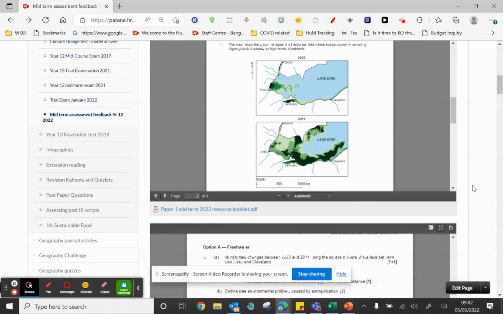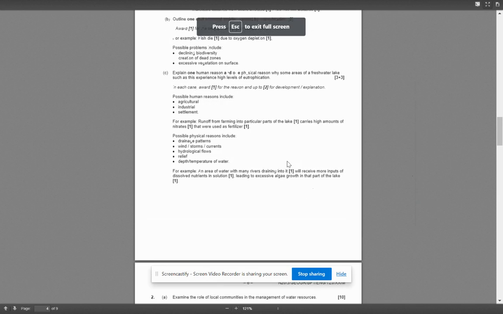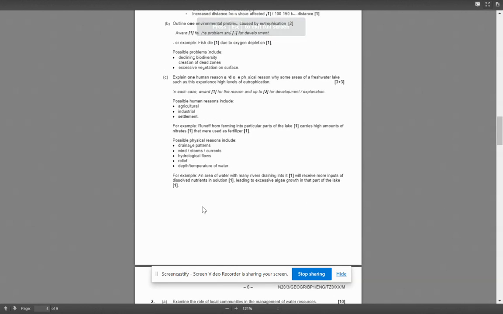Now, let's have a look at what you could put for that. You could put, okay, lots of rivers are draining into the southern area of the lake. Give some examples of those rivers. Essentially, these will receive more inputs of dissolved nutrients in solution, and this contributes to excessive algae growth in that part of the lake.